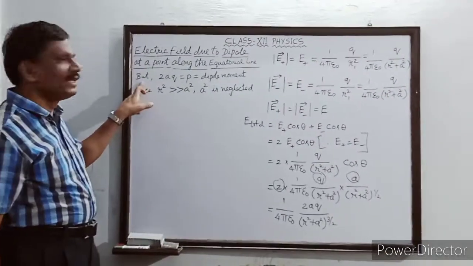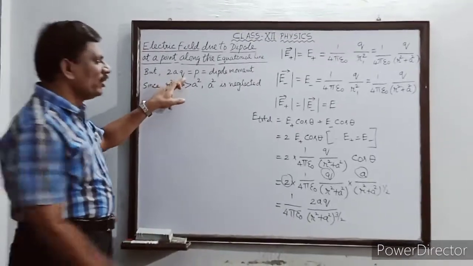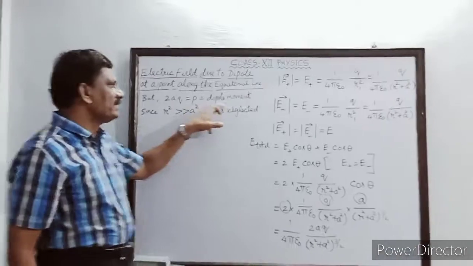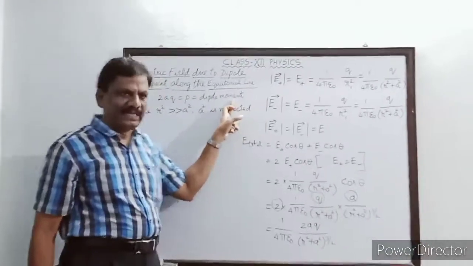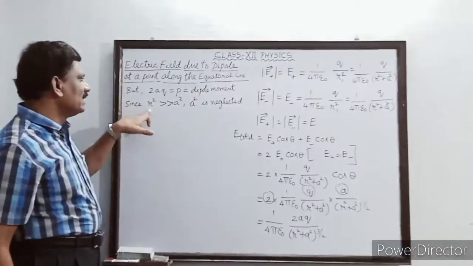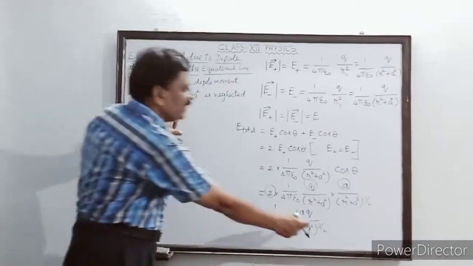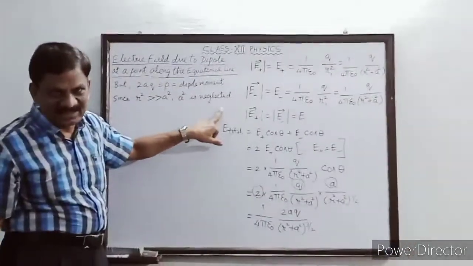Now you see here, 2a into q is also equal to small p, the electric dipole moment. Also, since r square is very much greater than a square, here in the sum a square is neglected.